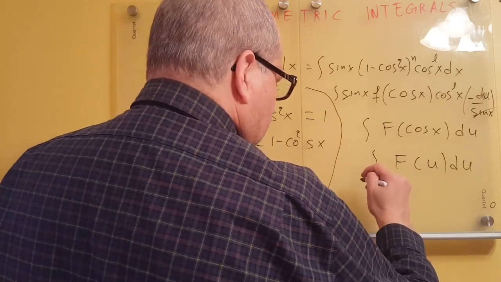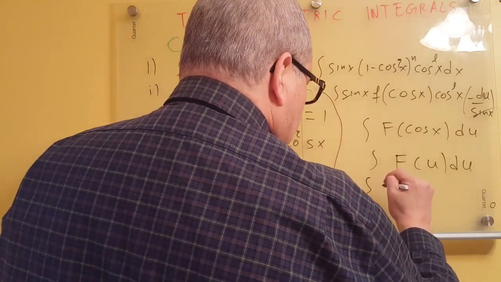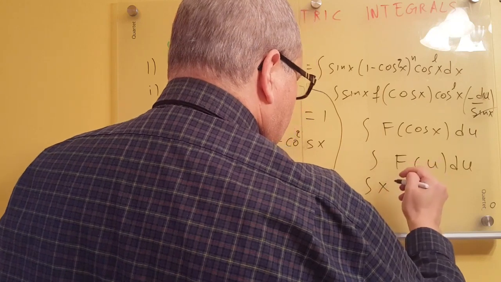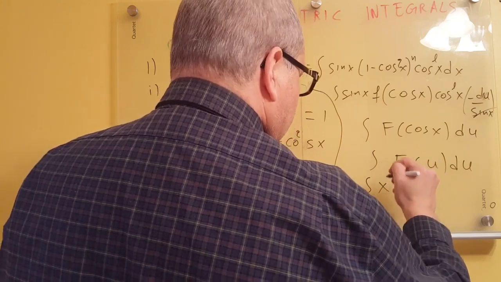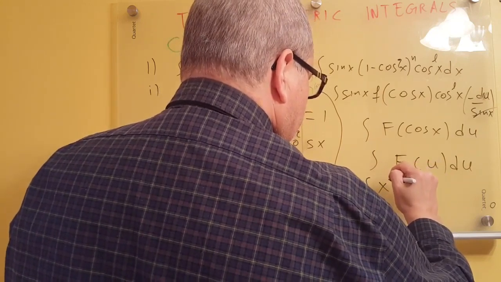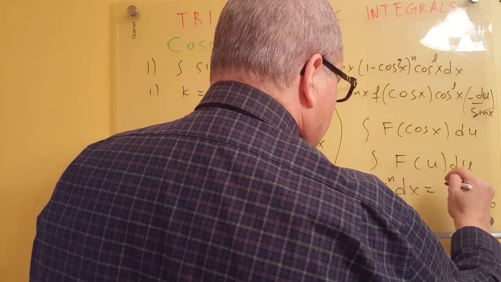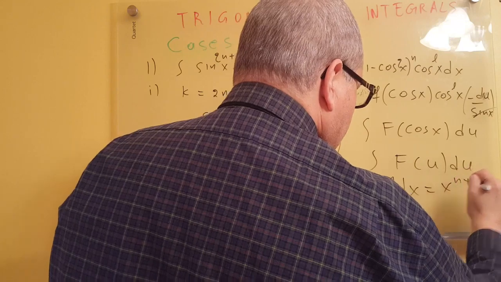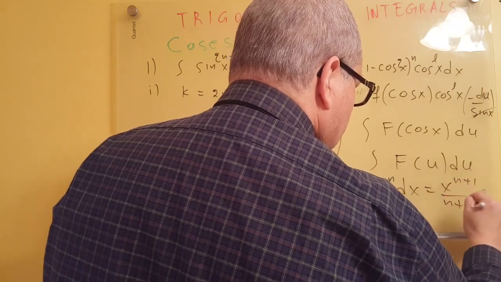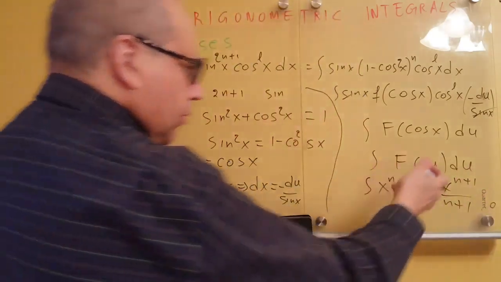And in order to find this is very simple. The only formula you need to know from integration is that the integral of x to the n with respect to dx is equal to x to the n plus 1 over n plus 1, and of course instead of x we use u.